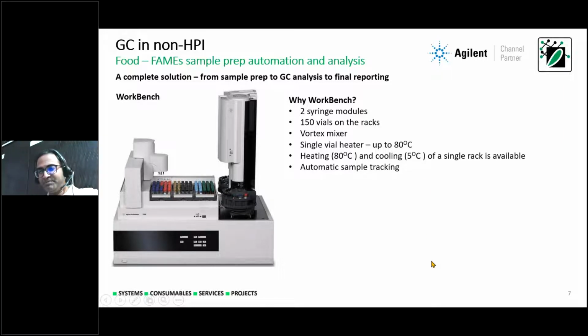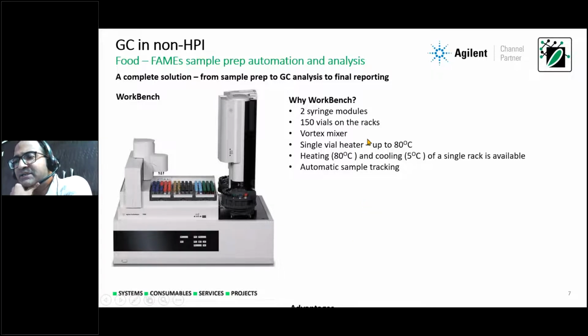And on the same platform, you can have one rack at low temperature and one rack at the higher temperature. You can maintain that. And then the software, the machine does automatic sample tracking, and therefore we know exactly where we are in the sequence of our sample prep. So the machine will keep track of your samples properly.